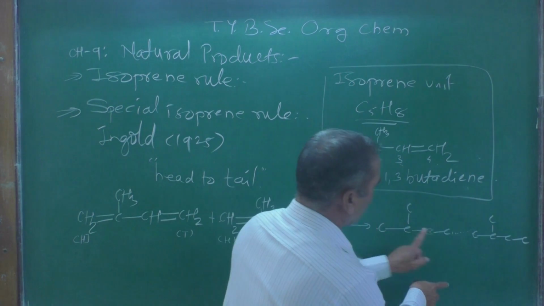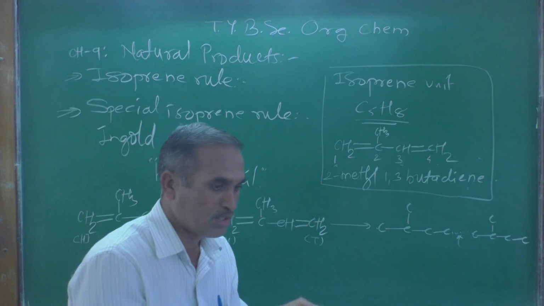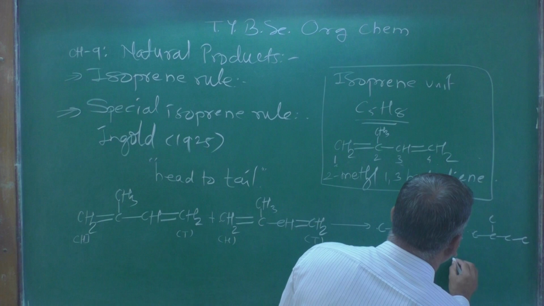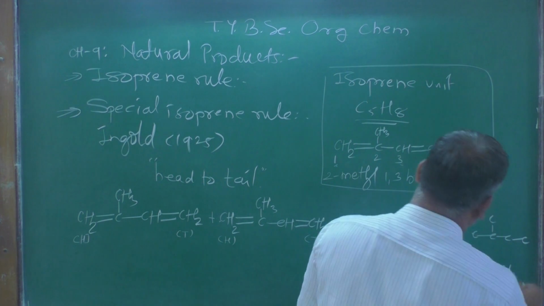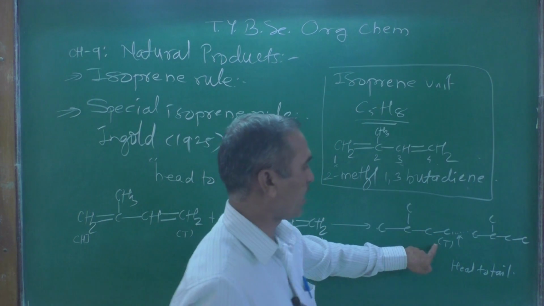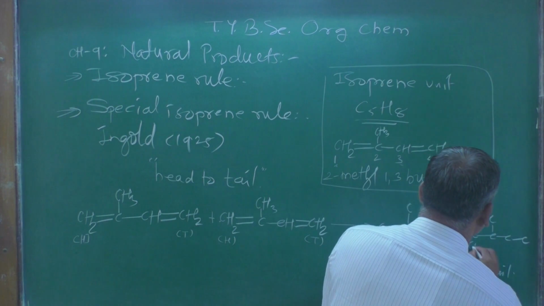Now tell me, this is the joining where the bond is going to form between these two. So this is a head to tail joining, right? Look at here, this is T for the tail of the first isoprene unit, and this one is a head, right?